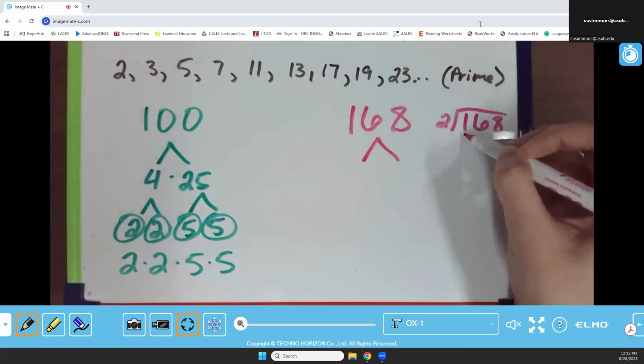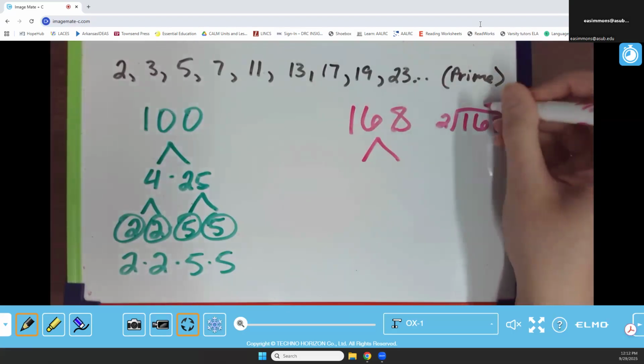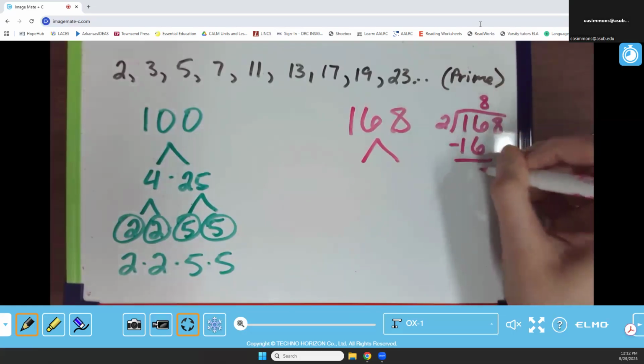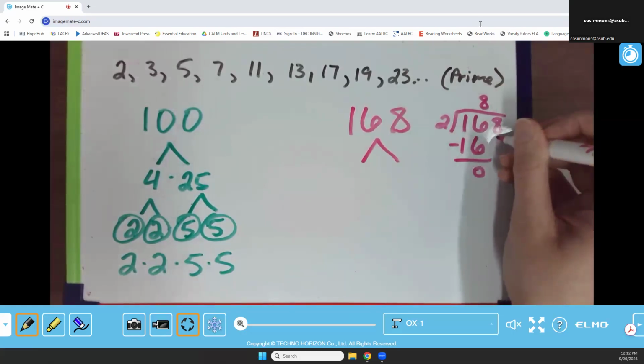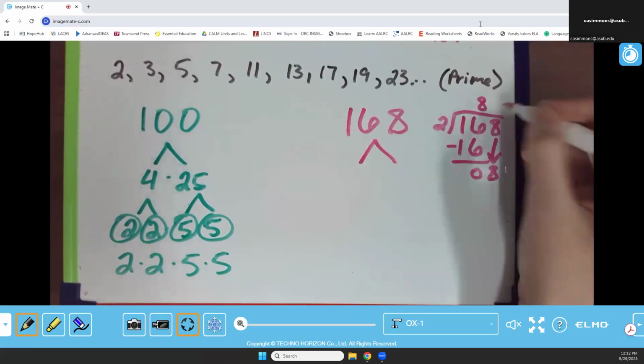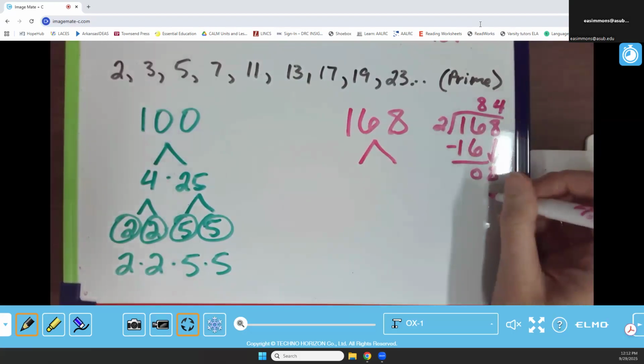2 can't go into 1, but 2 can go into 16. And that goes in 8 times. 2 times 8 is 16, so if we subtract, we get 0. We bring down our other 8. 2 goes into 8 4 times, and 2 times 4 is 8.